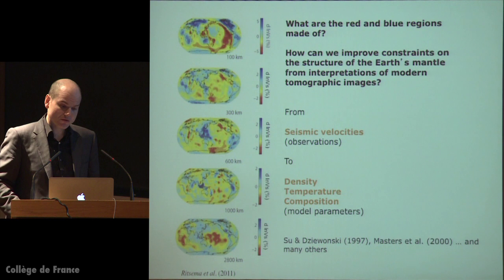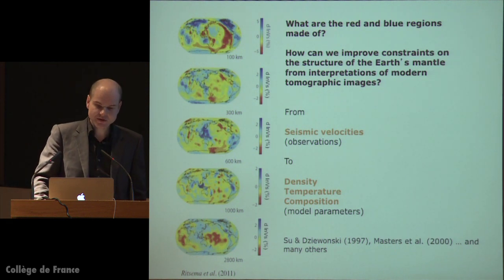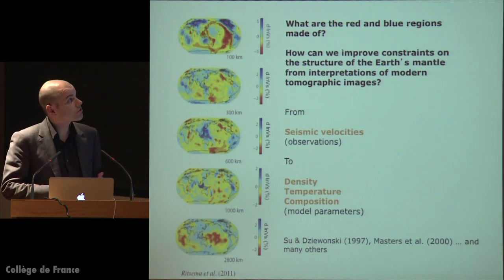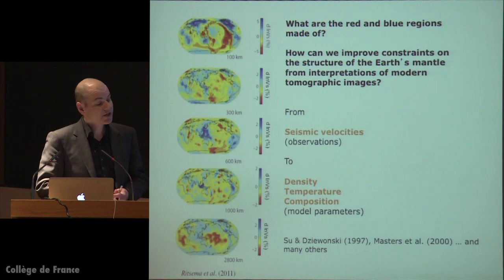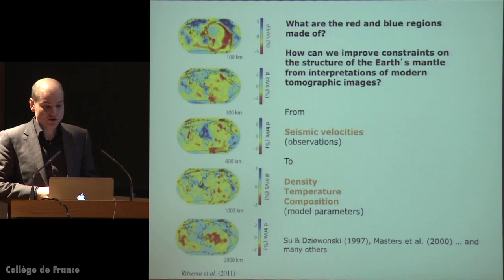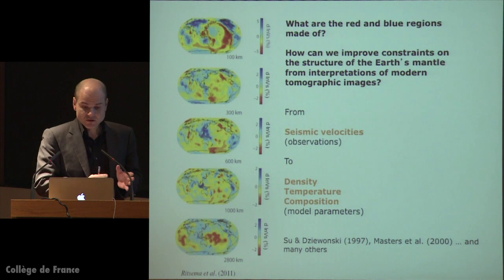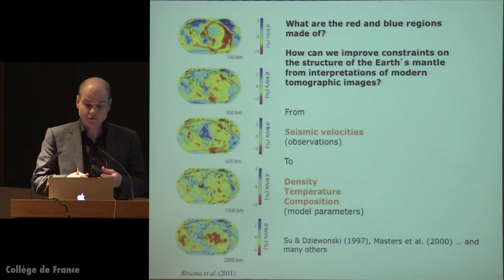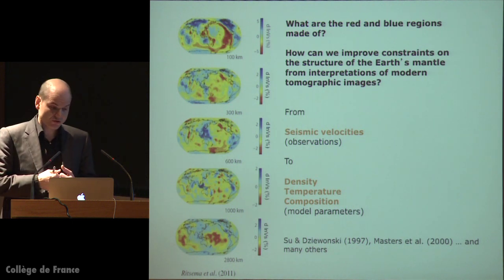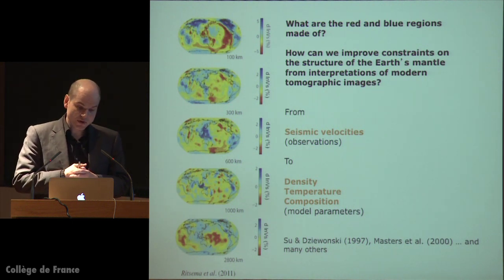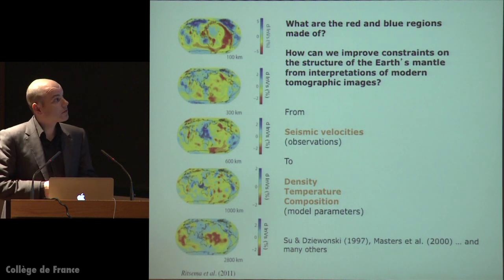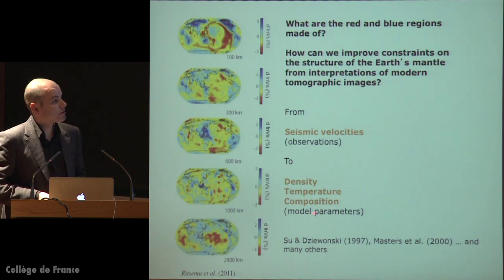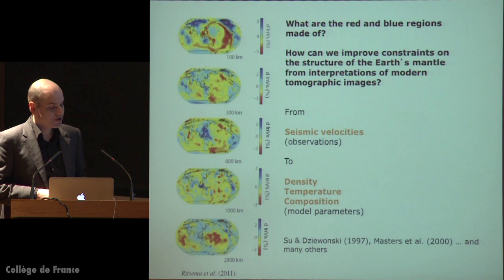So the question I will try to answer is how can we improve the constraints coming from interpretations of tomographic images. So basically the question is how one can go from seismic velocities, which are the direct observations on the structure of the deep mantle, to density, temperature, and composition, which are the model parameters.